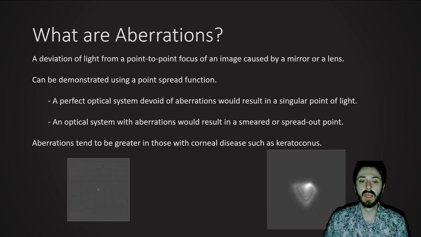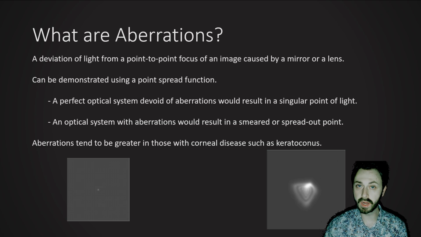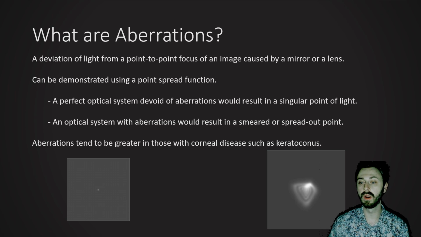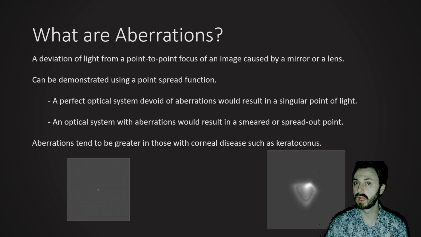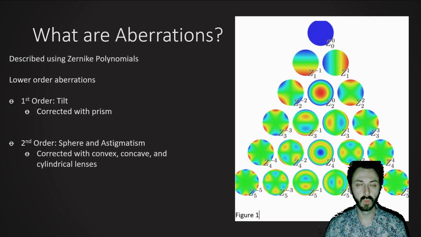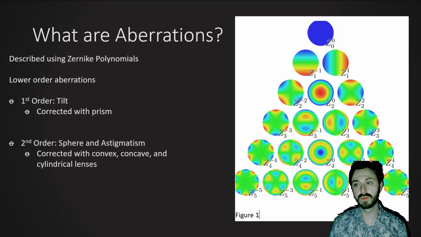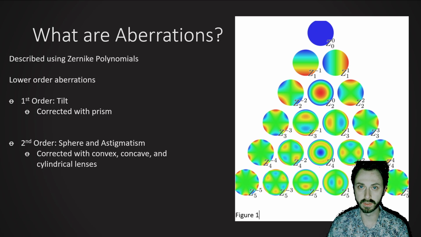You'll see that aberrations tend to be greater with corneal diseases such as keratoconus or corneal transplant. We'll get into why a little bit, but we describe aberrations most easily by breaking them apart individually into their Zernike polynomials.